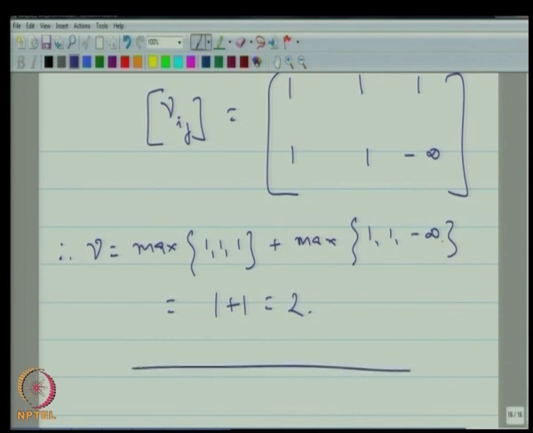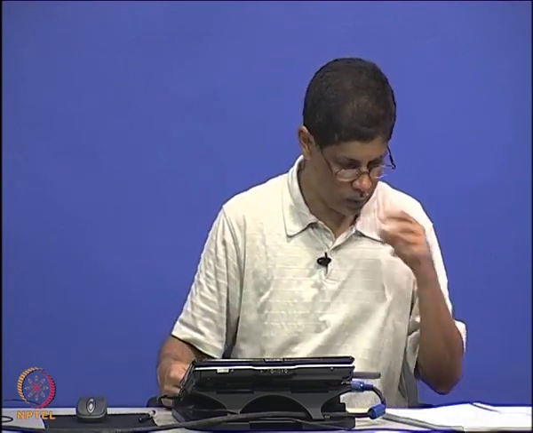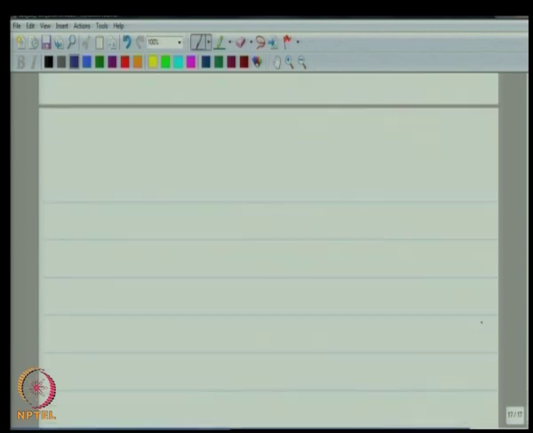In simple terms, what the nu i j is just telling you is how many memory units are on each input line, and then you add up all the memory units and you will get the memory of the convolutional code. Okay. Now, just to fill in the gaps, I will do a quick derivation here.